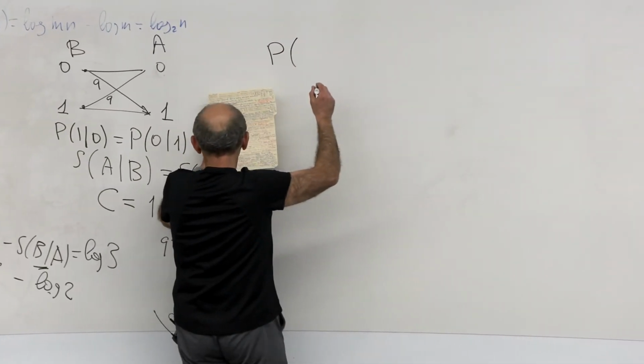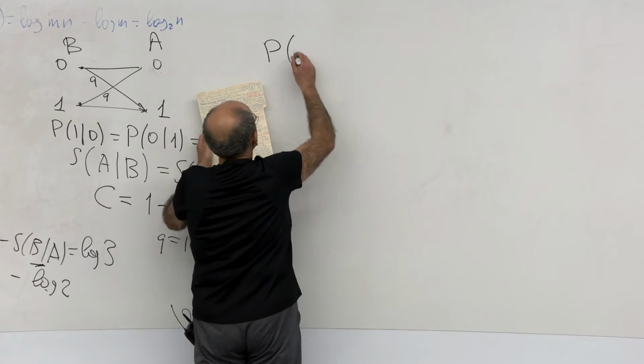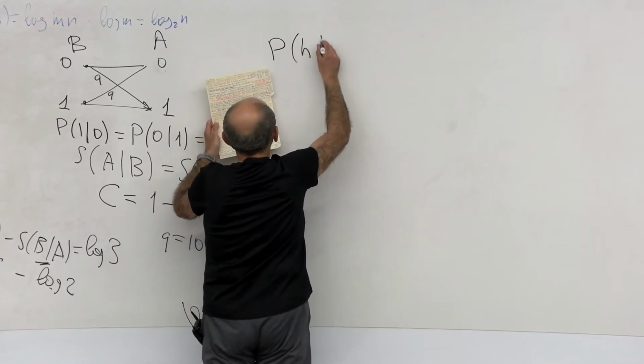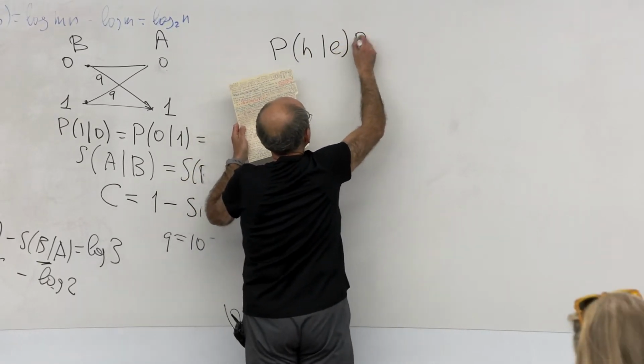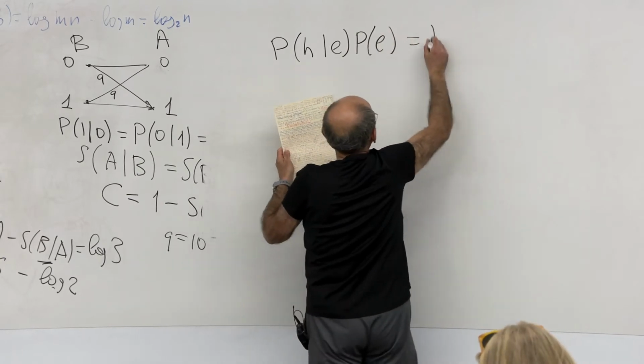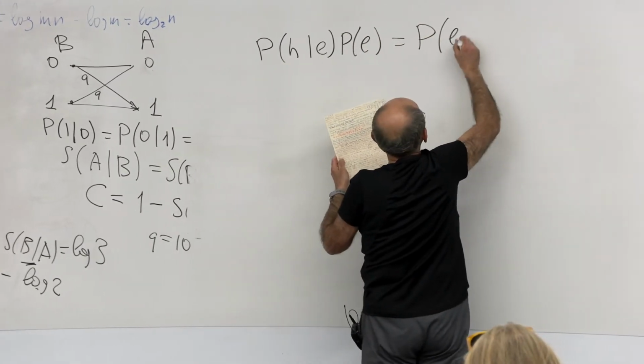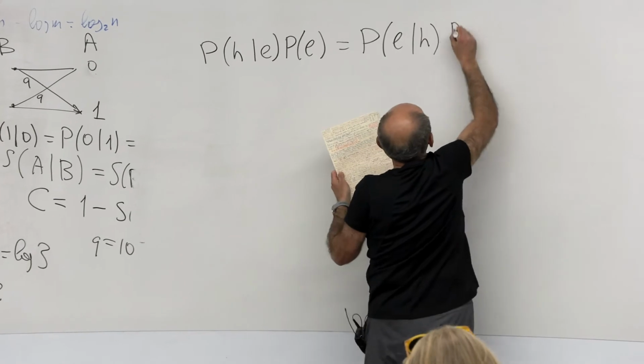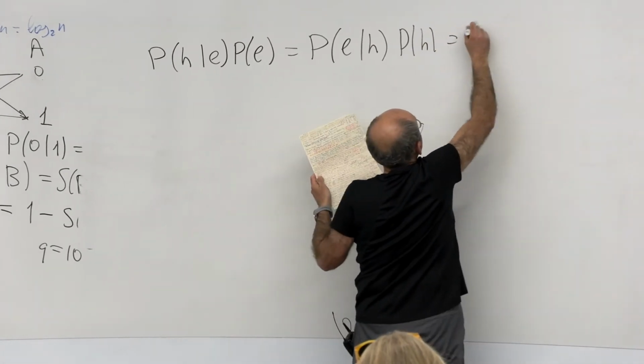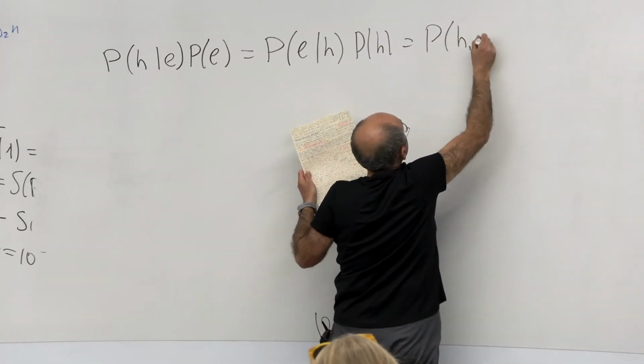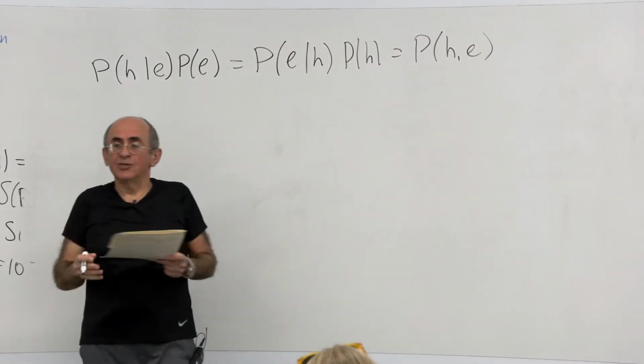Probability of H and E, H under condition E times probability of E, of course, is equal to the probability of E under H, probability of H, and this is the joint probability of H and E.